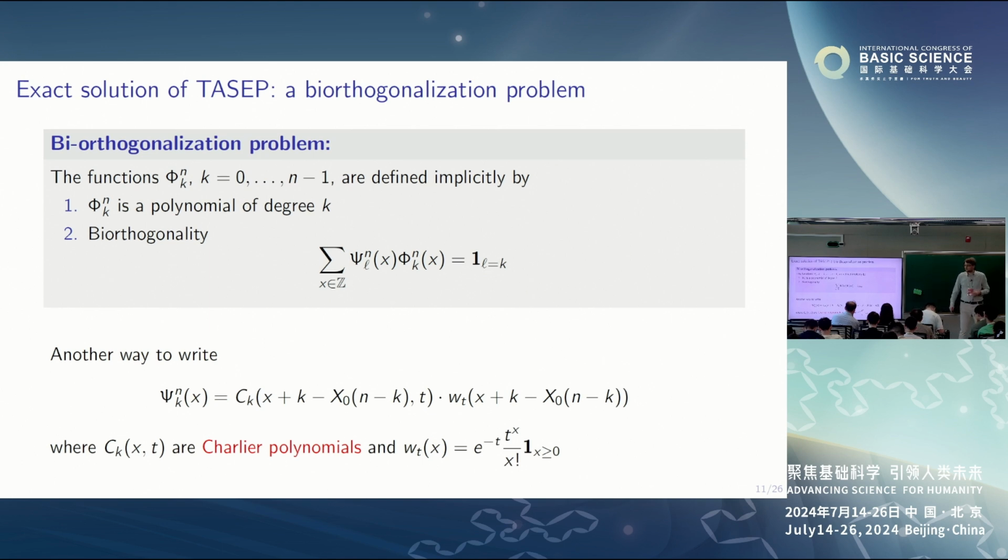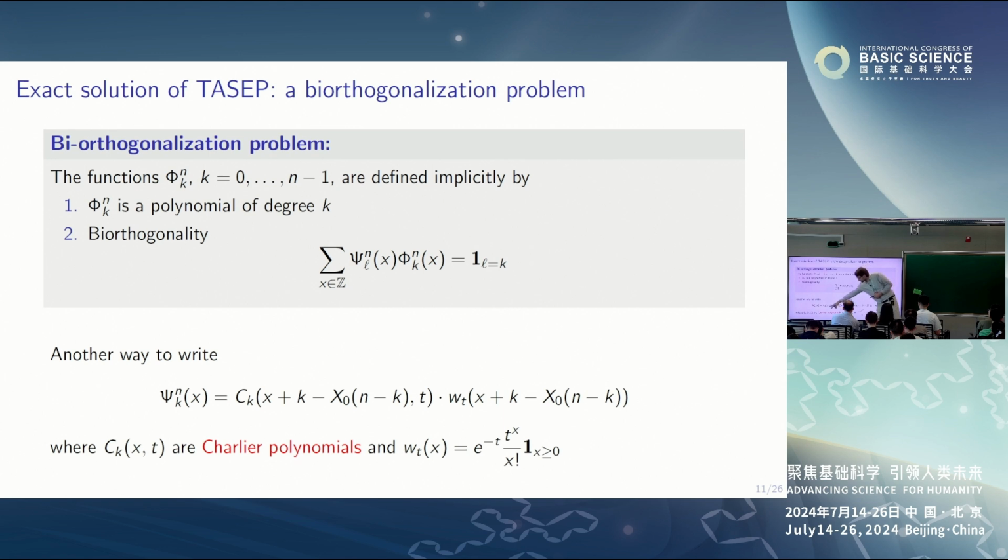So another nice way to write these functions psi is in terms of the Charlier polynomials. So C_k are Charlier polynomials here. These are the classic polynomials orthogonal with respect to the Poissonian weight. Okay, so then the formula for the function psi, which I showed you before, can be written as a shifted and weighted Charlier polynomial.